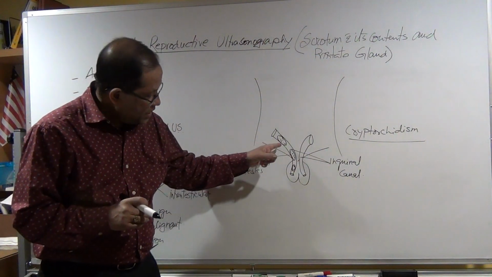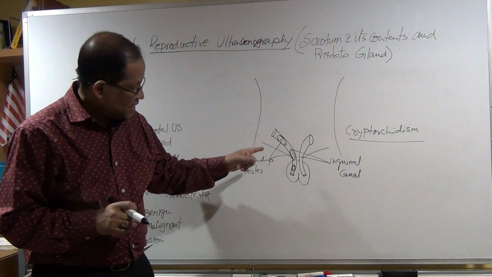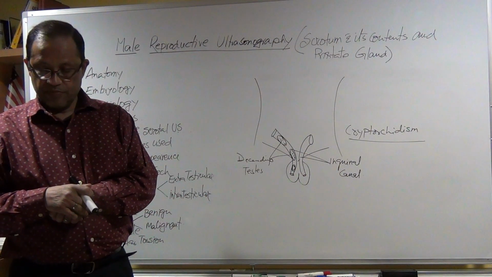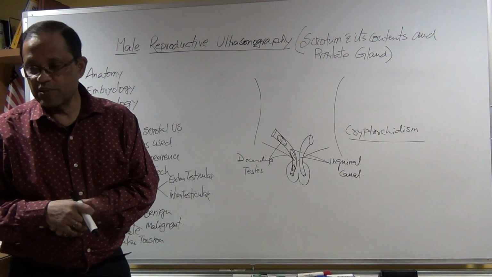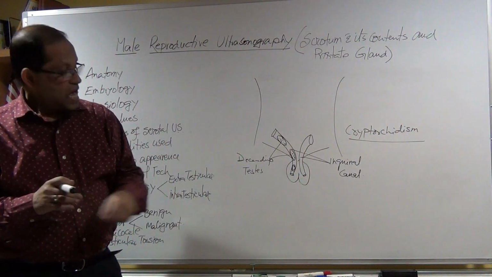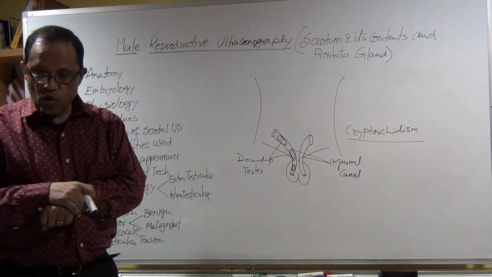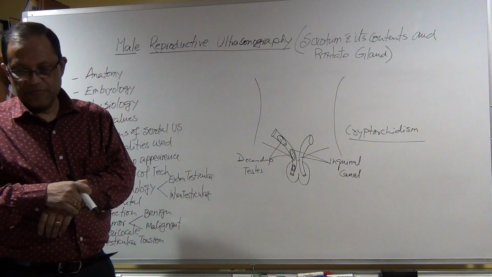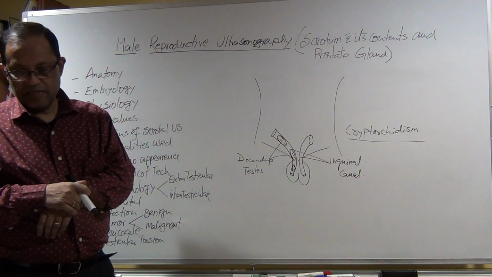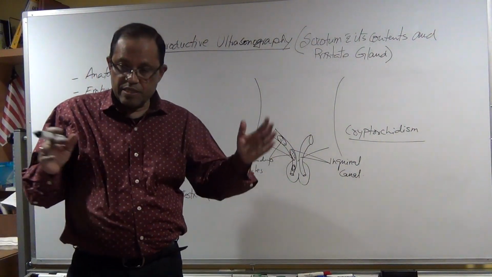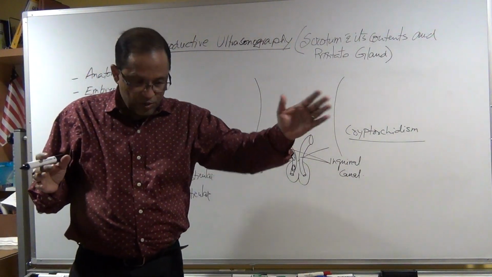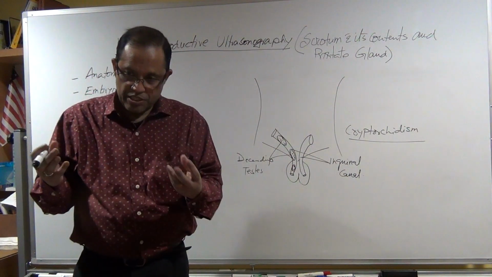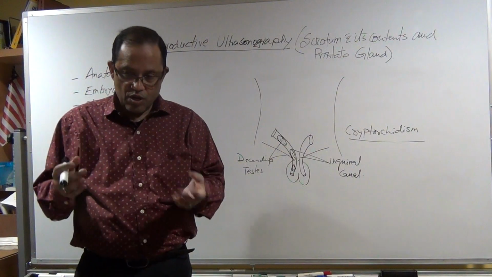And always keep that in mind. These undescended testicles are non-functioning testicles. And these testicles have more chance of malignancy. That's why after birth, if it is a baby boy, the doctor checks if the testicles are in the scrotum or not.